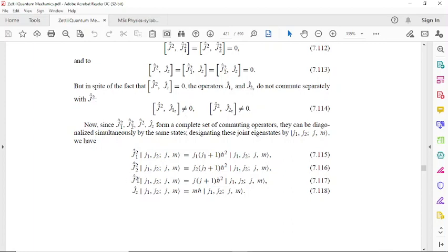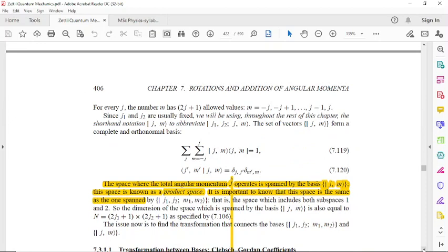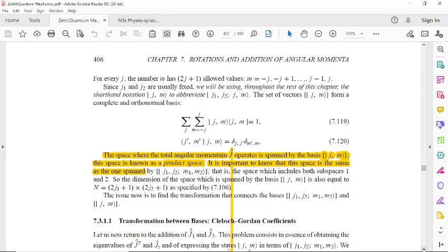For J square, the eigenvalue is J(J+1)ħ². For Jz, the eigenvalue is Mħ. The space where total angular momentum J operates is spanned by the basis, a set of kets |J, M>. This space is known as a product space.